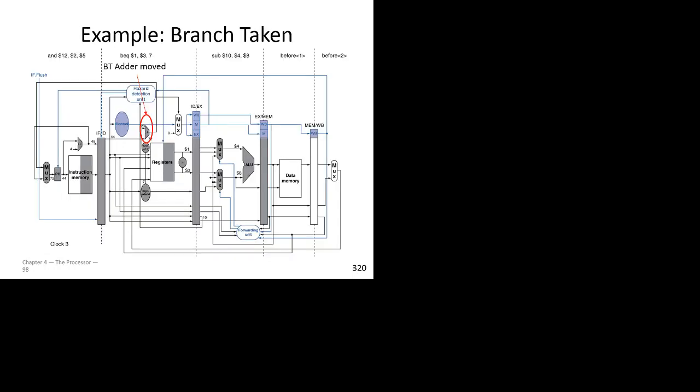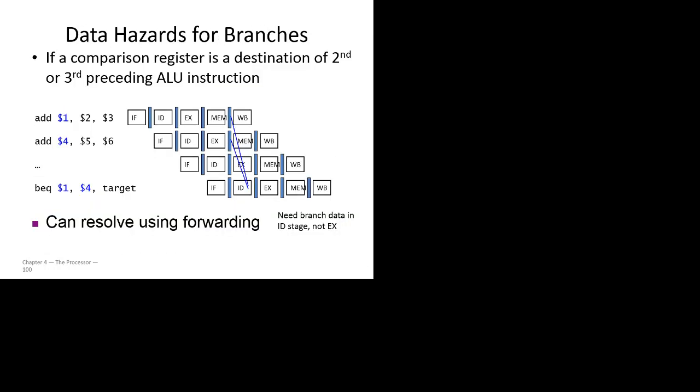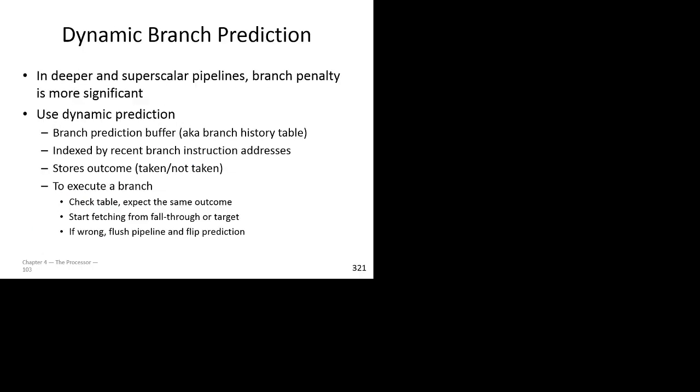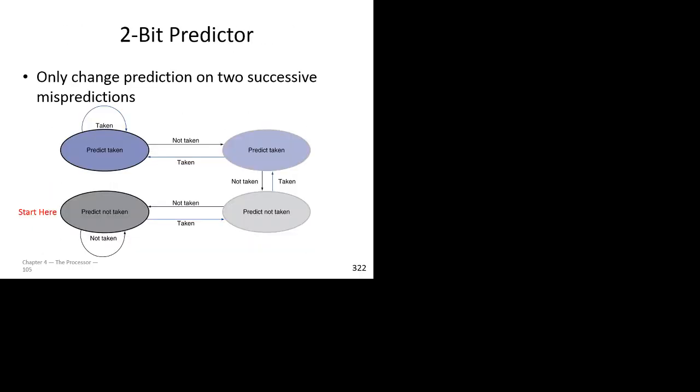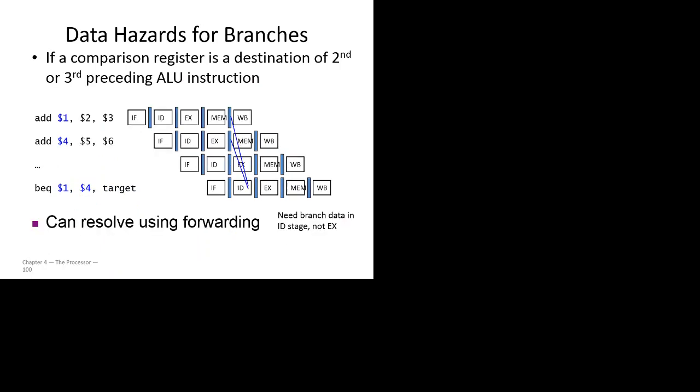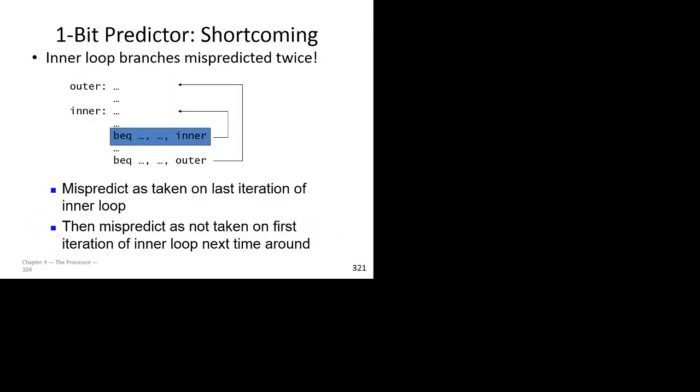So that's about what I want to go over for today. Let's touch on the predictor real quick. So there's just a sample of branch predictors. A 1-bit predictor basically just tells if the branch was taken or not, and is stored in memory.